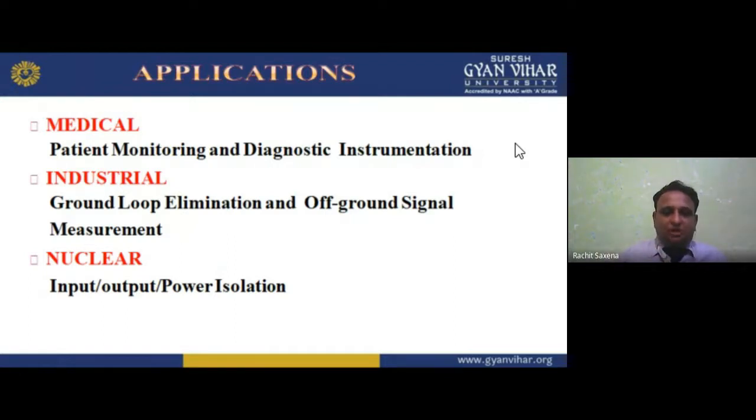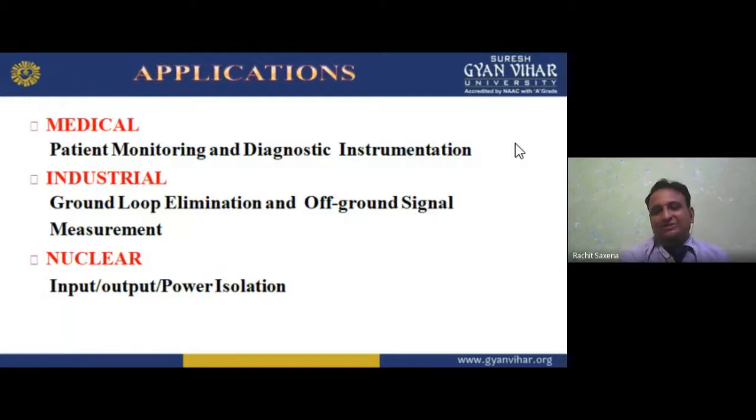So in that case, we have to make isolation: input, output, and power isolation. We use this type of isolation. That is why it has electrical application, industrial application, and medical application.